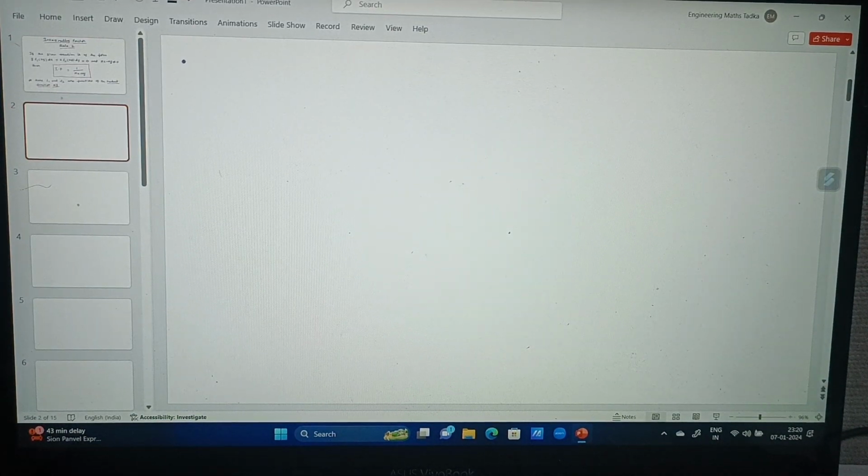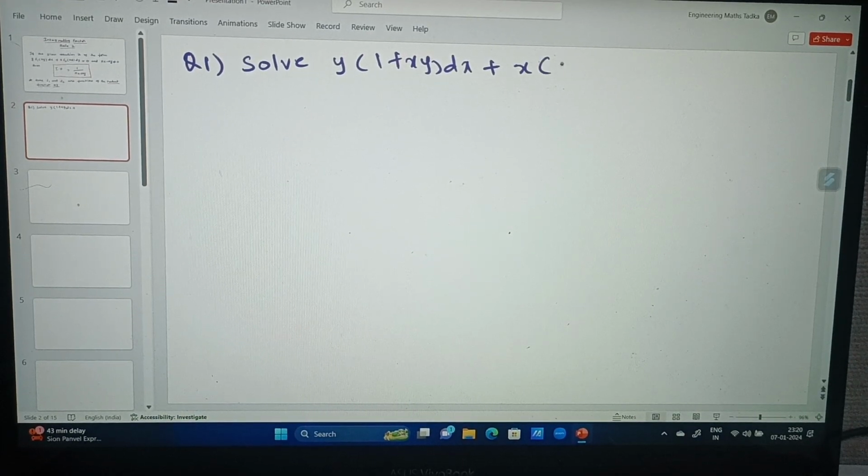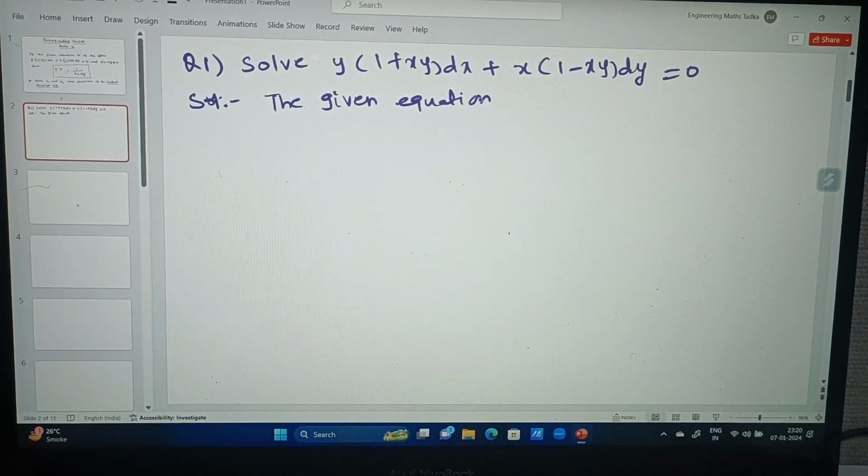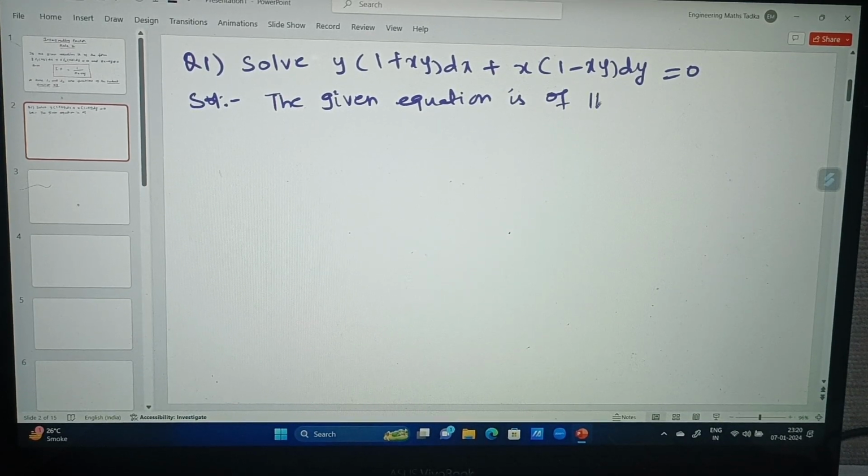Okay? So let us take the first example as solve y into 1 plus xy into dx plus x into 1 minus xy into dy is equal to 0. How do we solve this sum, students? First standard step, you will be writing it as the given equation is of the form M into dx plus N into dy is equal to 0. ठीक है?